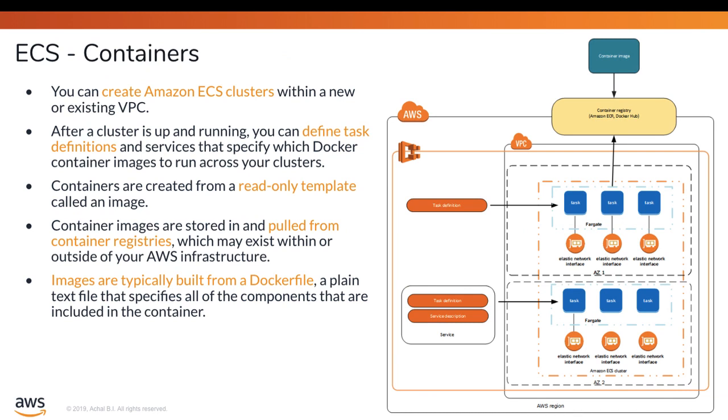So you can create Amazon ECS clusters within a new or existing VPC. And after the cluster is up, you could define task definitions and services. Basically, this specifies the Docker container image that should be run across the clusters. The task would contain many containers, and each container could be a Docker image by itself.